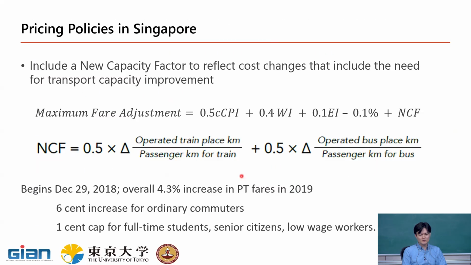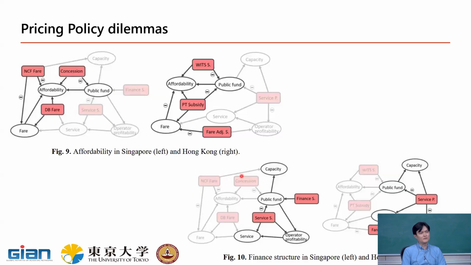And if you think about it as a system, if you make one decision now, it will have an impact on affordability or profitability, which means then you have to make another decision. Do you use the ticket price or do you use the government funds or subsidies? These are different ways you will affect different stakeholders within the system to have an impact on affordability or profitability.